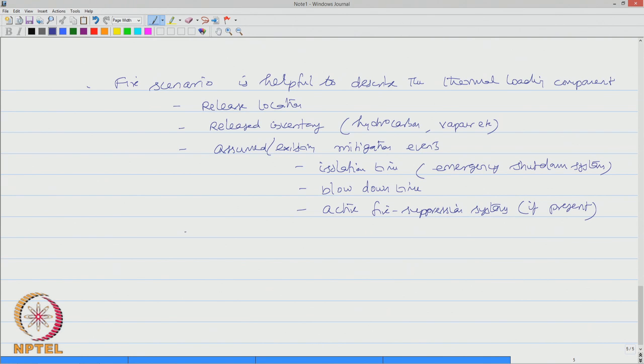It also deals with fire description like the released inventory, flame geometry with respect to time and space, flame intensity.